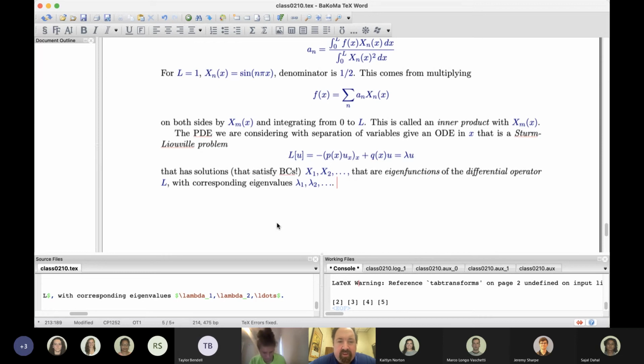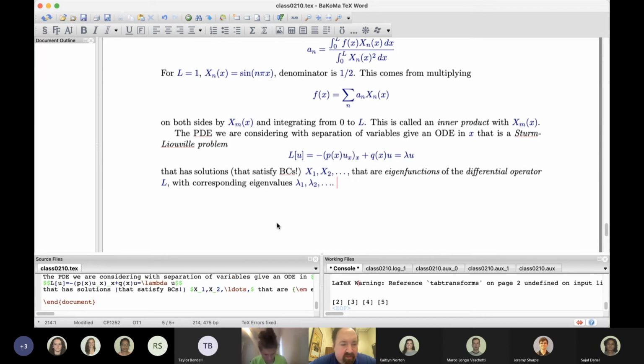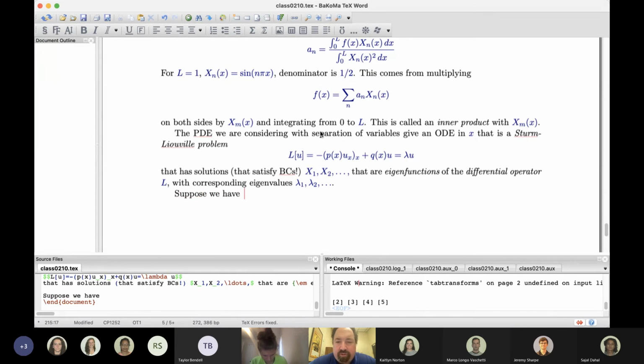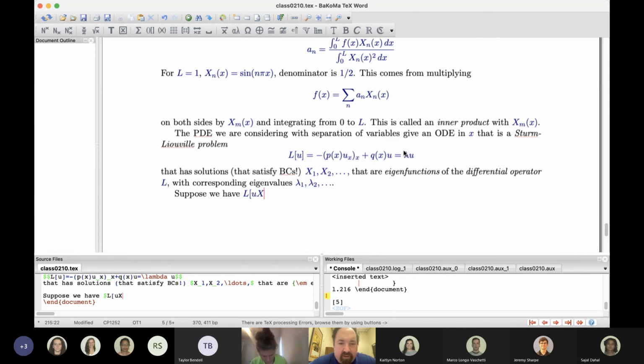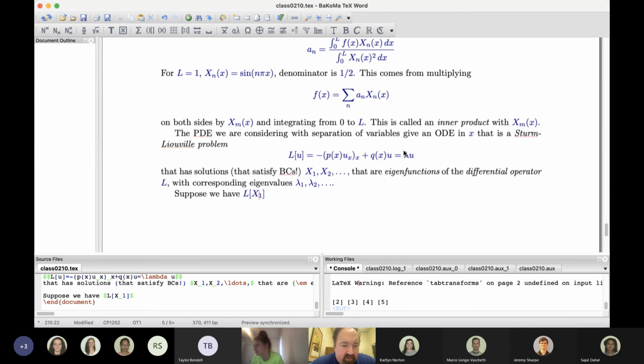Now, suppose we have two solutions to this problem. I'll call them x1 and x2. x1 is a solution, so L of x1 is lambda 1 x1.